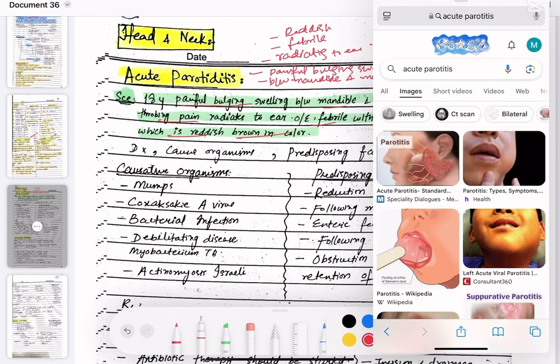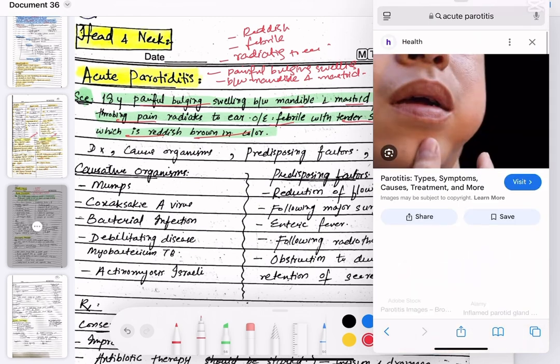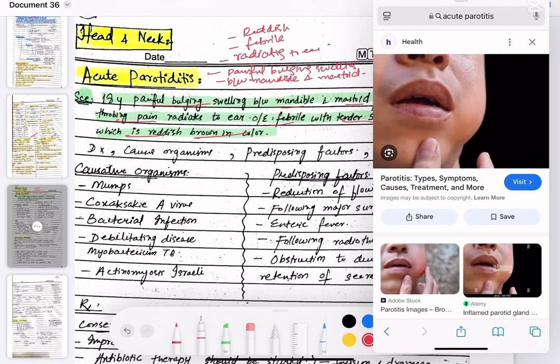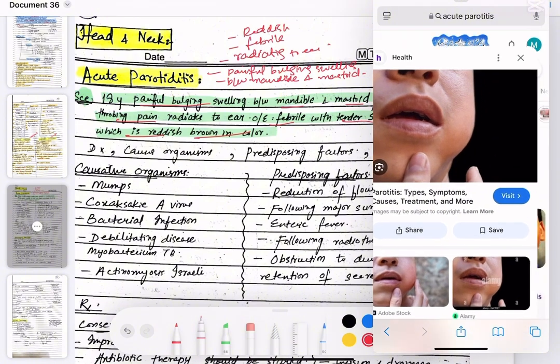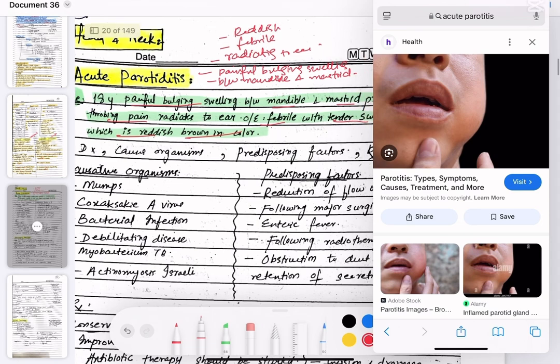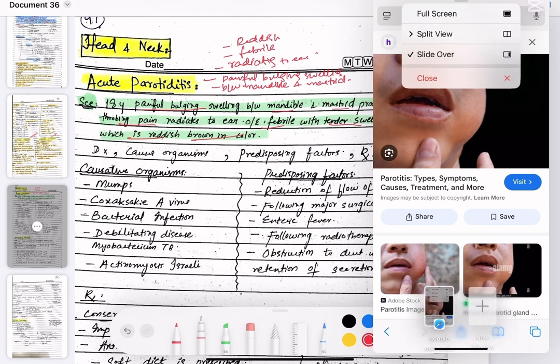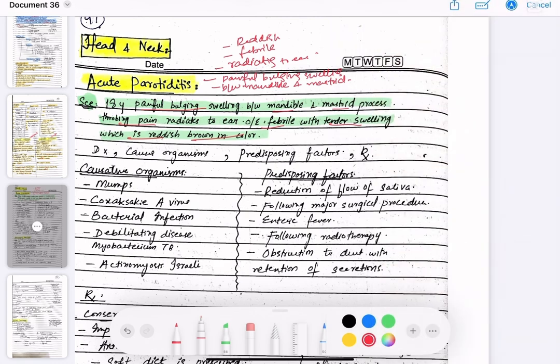So what happens in this parotitis is that there is painful bulging swelling between the mandible and the mastoid process, and it is radiating towards the ear. The patient is febrile due to the inflammation, and there is throbbing pain and painful bulging swelling. So if this kind of scenario is given, the diagnosis is acute parotitis.